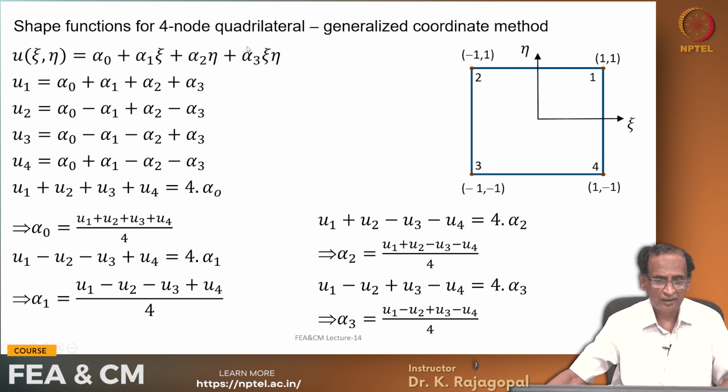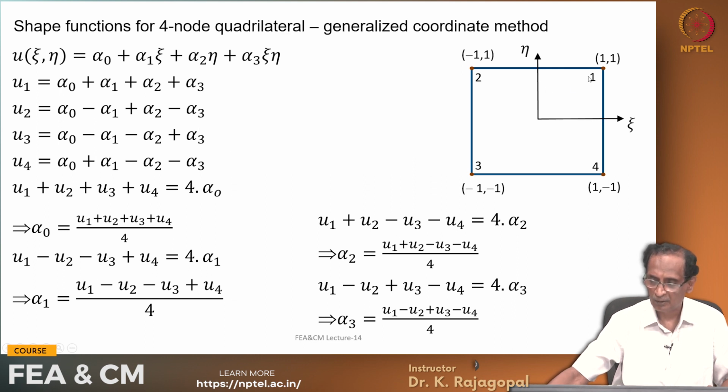In the generalized coordinate method, the displacement function u of xi eta we can write as alpha naught plus alpha 1 xi plus alpha 2 eta plus alpha 3 xi eta. And by substituting xi and eta of 1 or minus 1, we get the u1, u2, u3, u4.